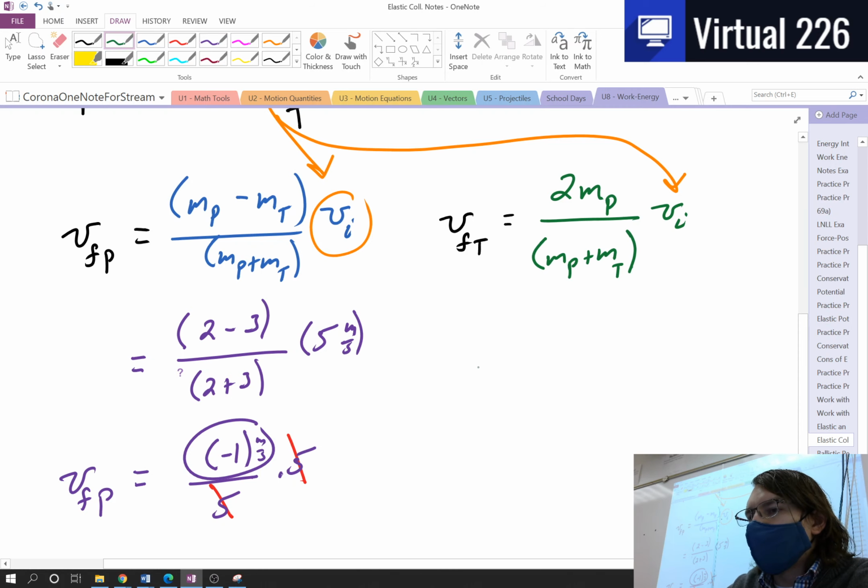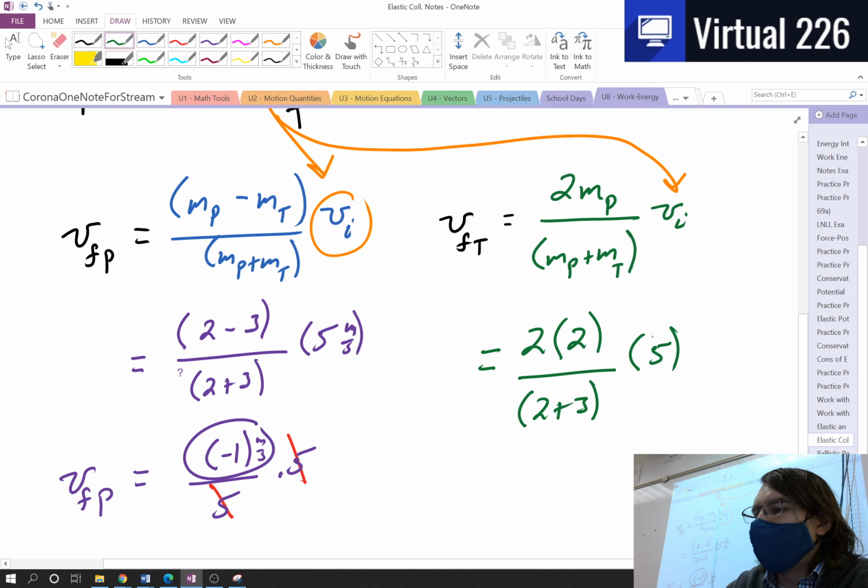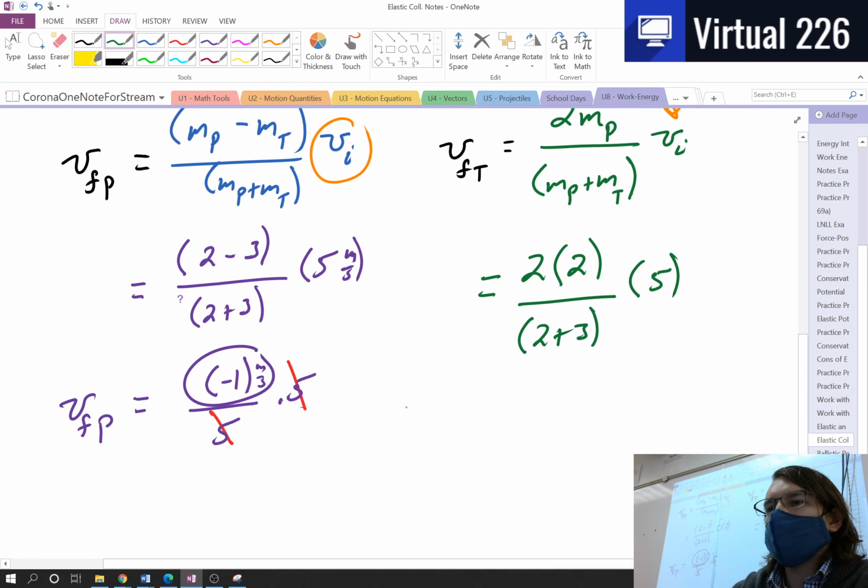If we do a similar thing on the right-hand side for our target, we can say 2 times the mass of the projectile, which was 2, divided by the addition of the projectile and the target, that's 2 plus 3, multiplied by the 5 initially. What we get in this math is 4 over 5 times 5.